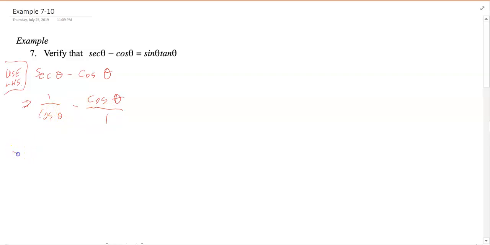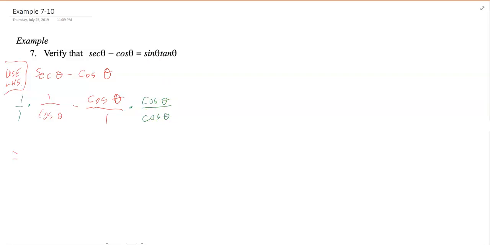So we multiply the left side by the denominator of the right side, which is 1 over 1, and multiply the right side by the denominator of the left side, which is cosine theta over cosine theta.